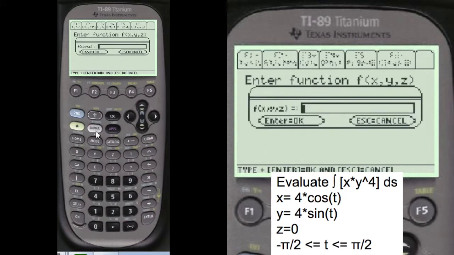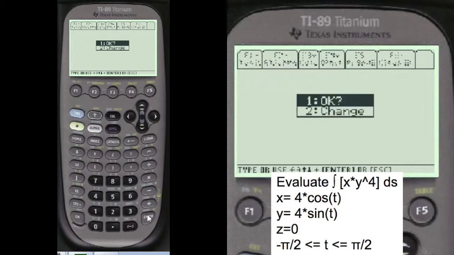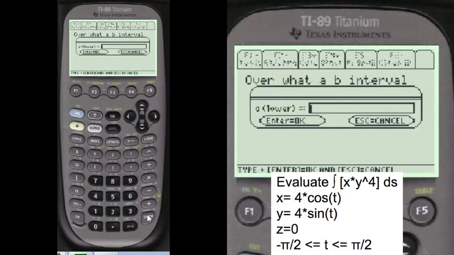And now we're going to enter the function given, which is alpha x times y to the 4th power. Where they dream up all these nonsense formulas of functions is unbelievable in calculus. I say it's okay. You could have changed that if you want.